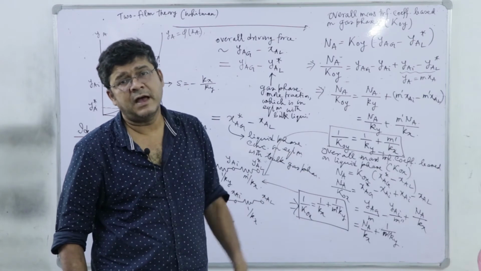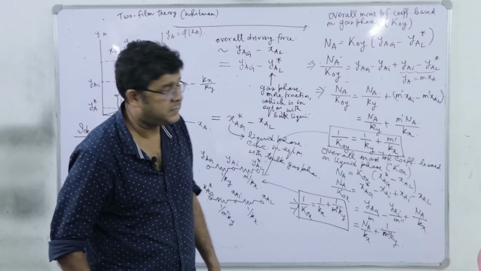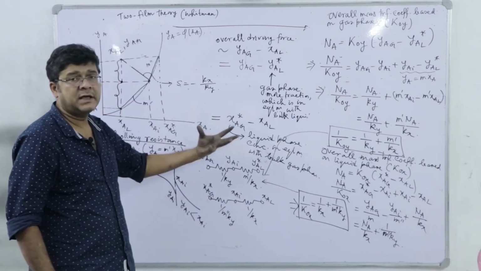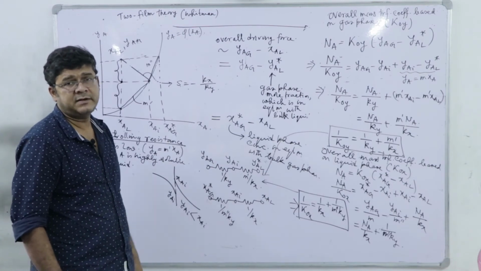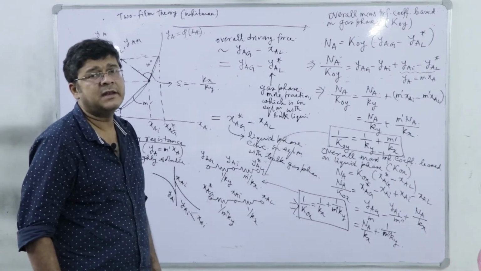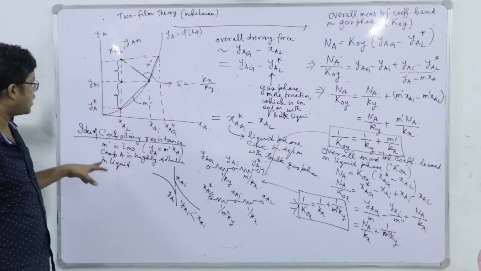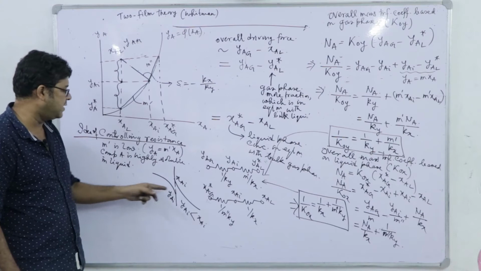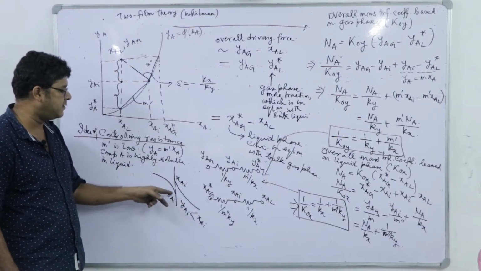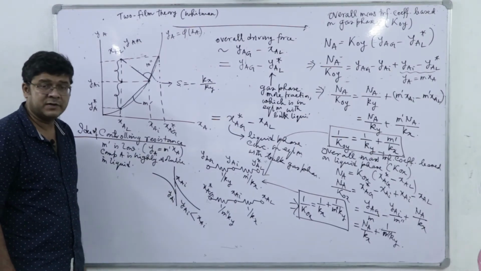So, we have low value of m prime, the Henry's law constant or the Henry's law equivalent constant in case of nonlinear equilibrium relation. So, if m prime is low, component A is highly soluble in the liquid and our profile will change, XAI will be above and over this YAI.